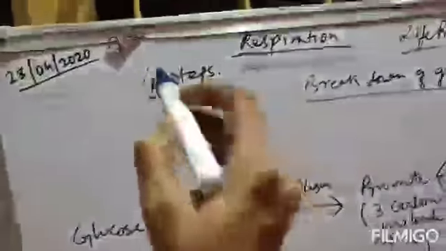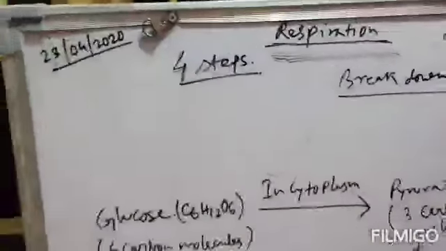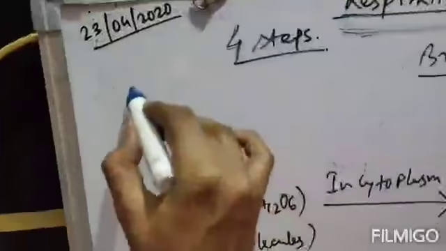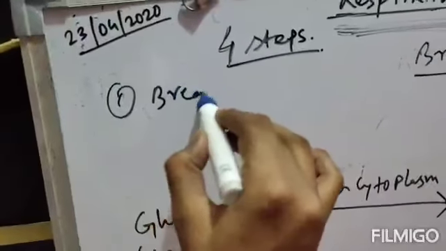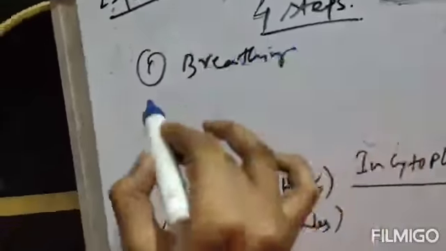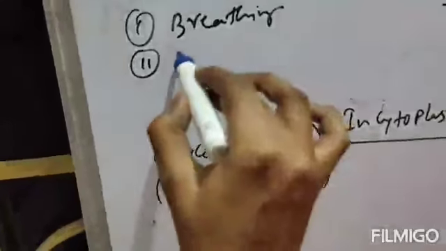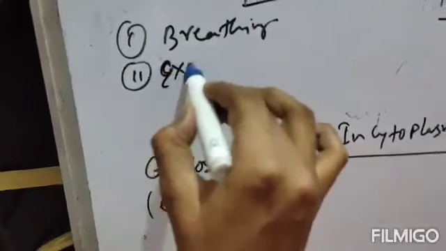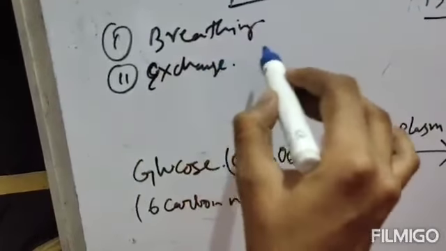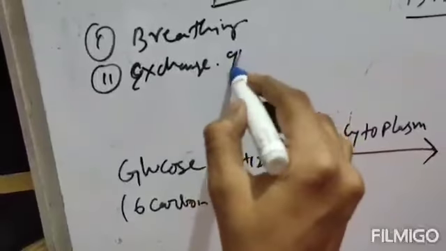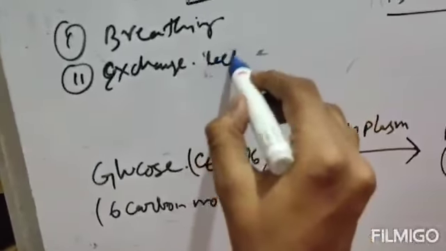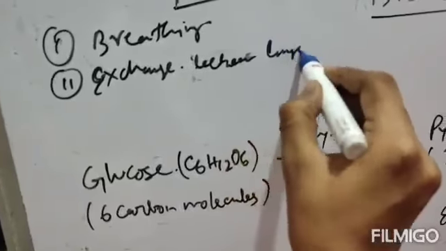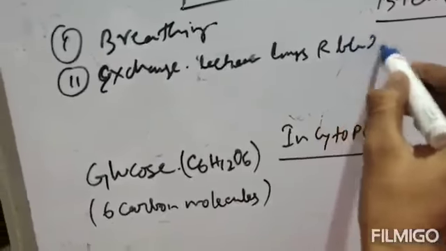So let's recall the 4 steps of respiration. Number 1 step was breathing. Number 2 step was exchange of gases, exchange between lungs and blood.